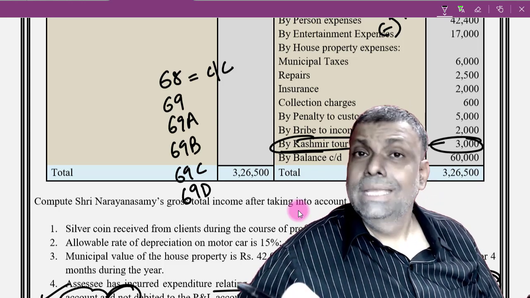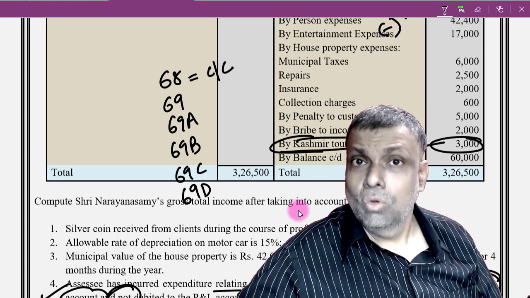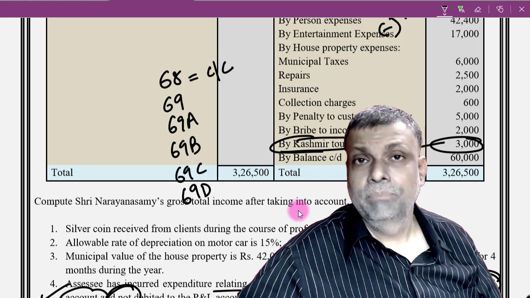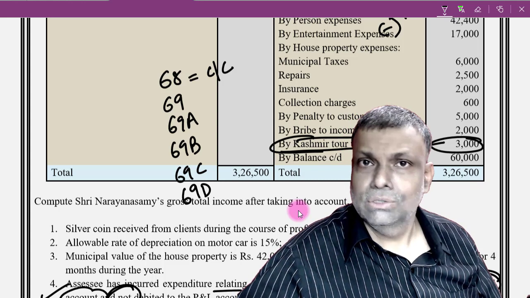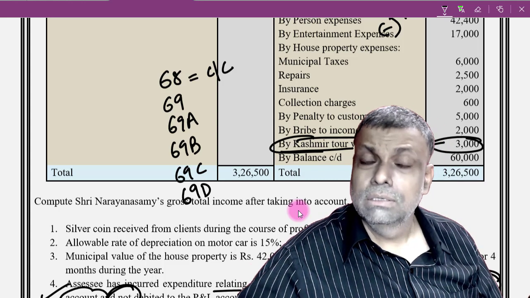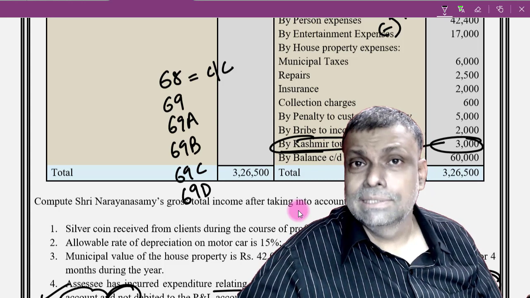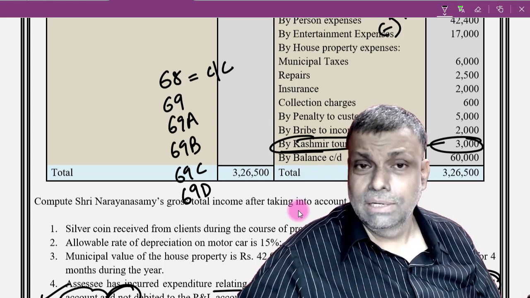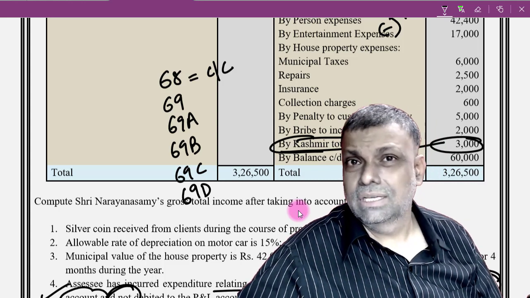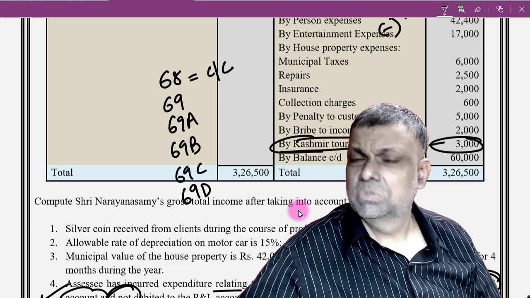If you offer no explanation to the officer, or the explanation which you offer is not satisfactory, that from where on planet you have got this particular credit, so if you are not able to satisfy the officer about the genuineness of the credit entries, then it will be deemed to be your income straight away.